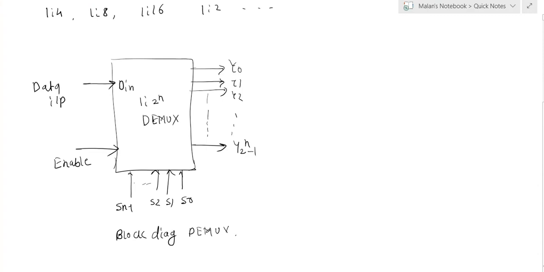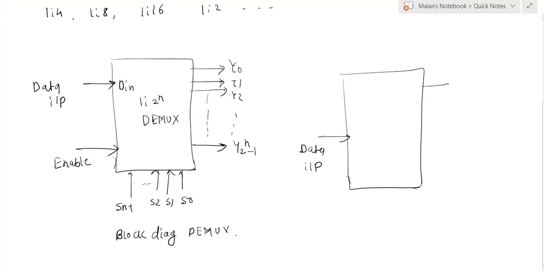Now the same circuit, similarly to the multiplexer, we can show. Let's say this is my demultiplexer block. Both the diagrams are the same. You can draw the first diagram or the second diagram, it is up to you. This is the data input and the output lines Y0, Y1, up to Y(2^n minus 1).